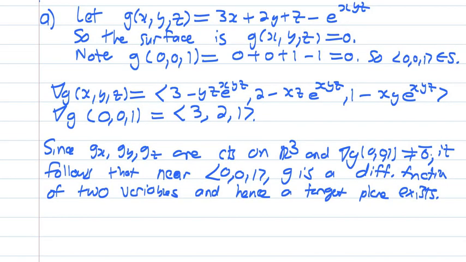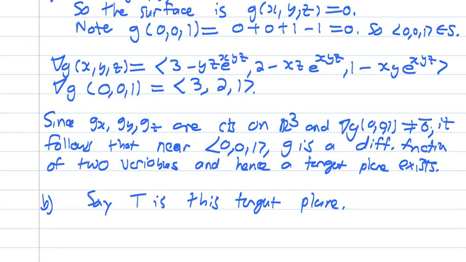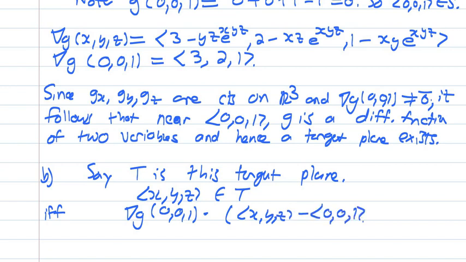Alright, so let's start with part B and say T is this tangent plane. And now we have a nice formula, and the formula says that the point (x, y, z) is on T if and only if grad g at that point dotted with (x, y, z) minus the point (0, 0, 1) equals 0.